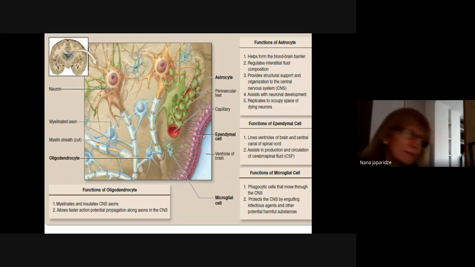They give rise to the blood-brain barrier. They regulate and monitor the composition of interstitial fluid. And they provide very important structural support and organization to the whole central nervous system.